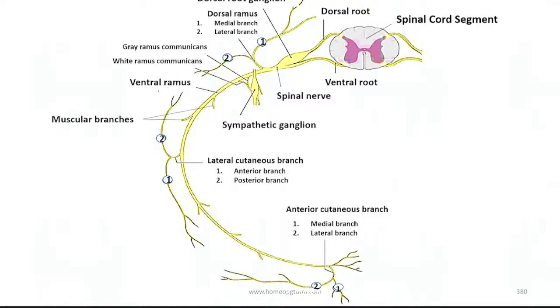It is actually an extension of the medulla, or continuation of the medulla into the vertebral canal. And what does it contain? It contains the spinal cord, and around that it will have the meninges. The meninges also have the subarachnoid space, which contains the cerebrospinal fluid.